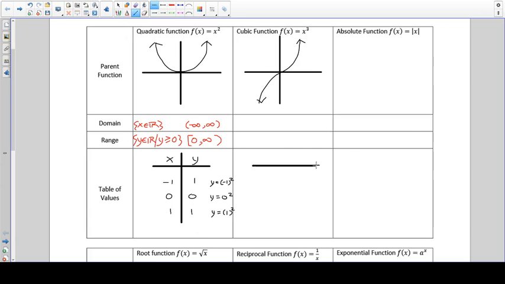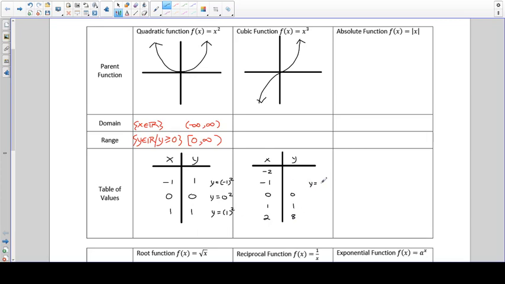Whenever I am drawing a cubic function, the related table of values for me, I always use -2, -1, 0, 1, and 2. Okay, so y equals 0 to the power of 3 is 0, 1 to the power of 3 is 1, 2 to the power of 3 is 8.